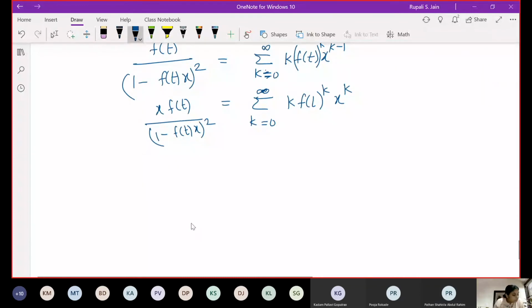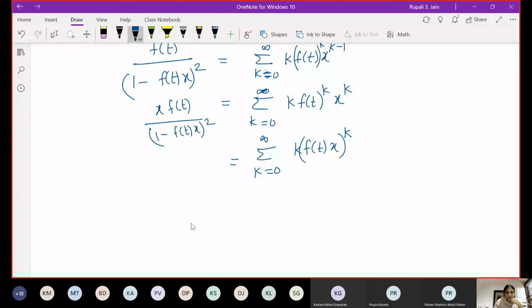For which sequence it will be then? Okay, I will write this. Summation k equal to 0 to infinity, k f of t raised to k x raised to k.